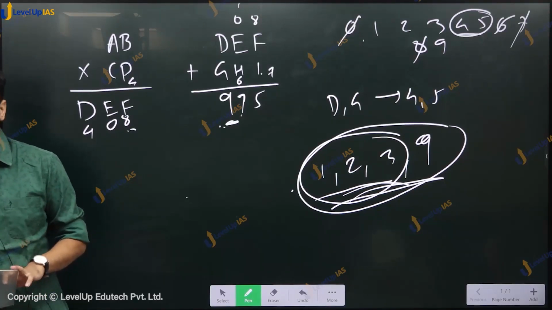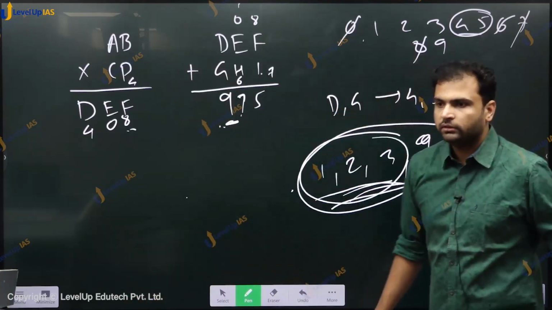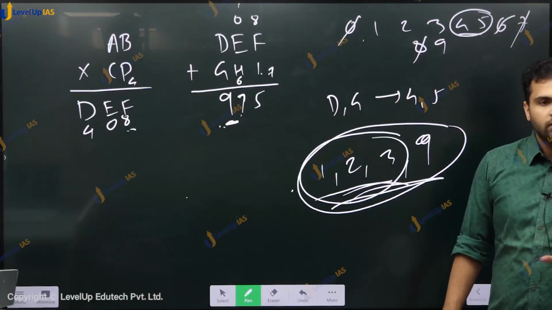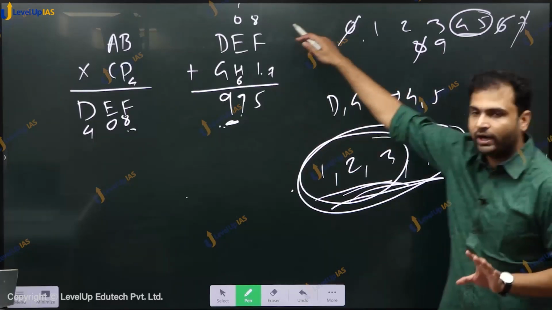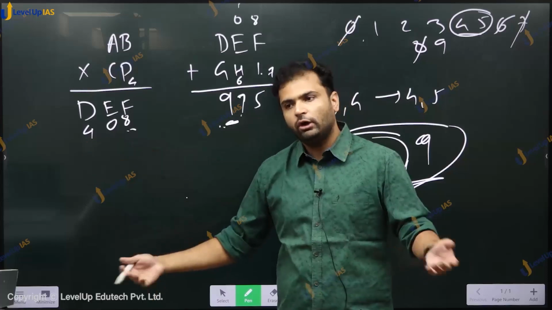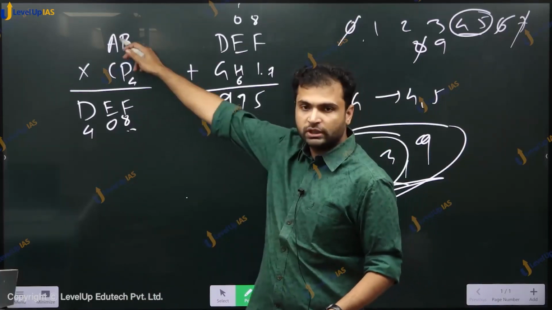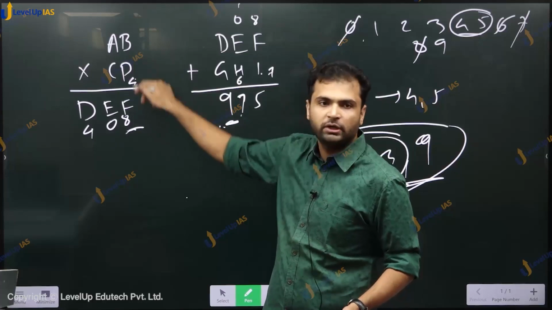Did you understand properly? The only thing that was important is plotting all the information that you have and adding as we always do. In a regular manner, we add units places, tens places, hundreds place, and the multiplication like we always do. Units place to units place, then units place to tens place, and this unit place comes from this multiplication.